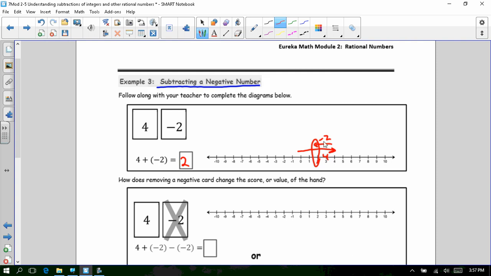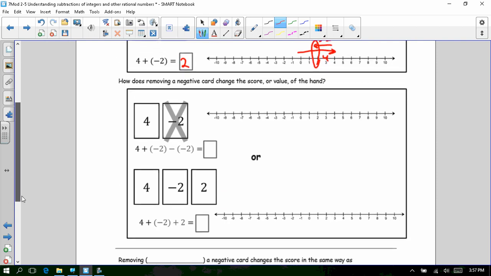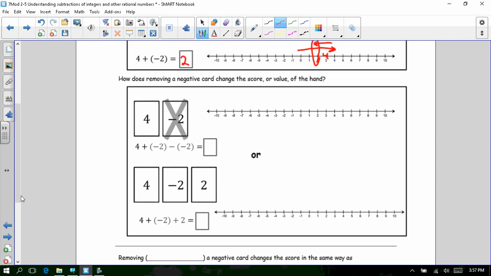Well, how does removing a negative card change the score? Remember, we're going to discard, we're going to get rid of it. So again, we can do the same idea. Let's go 4, and we're going to remove a negative 2. Well, how in the world does that look?